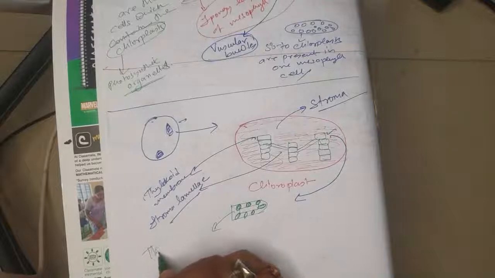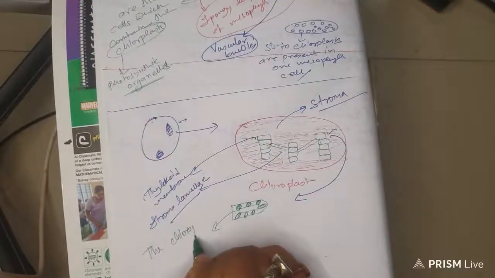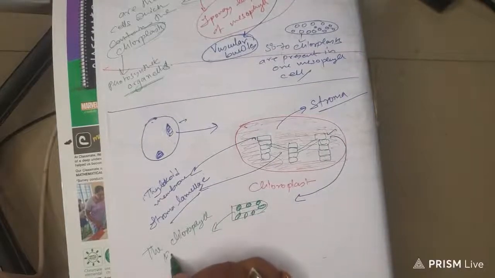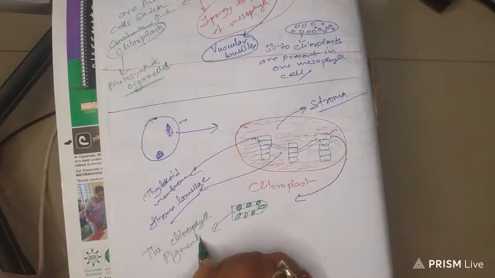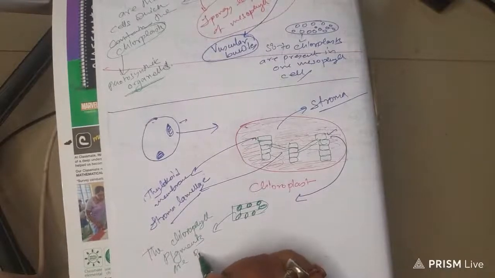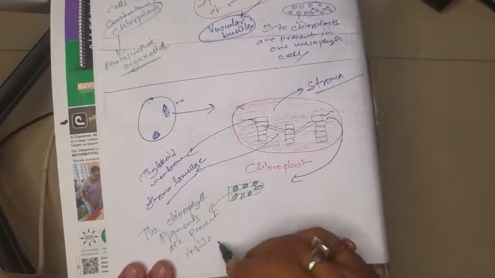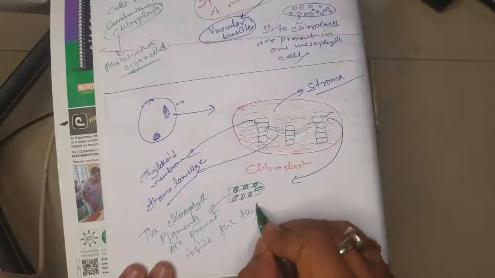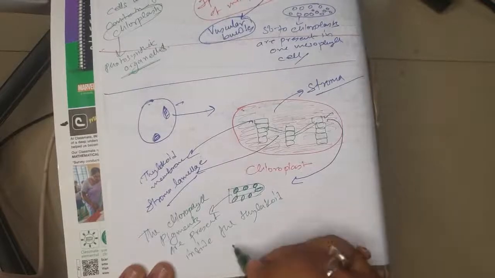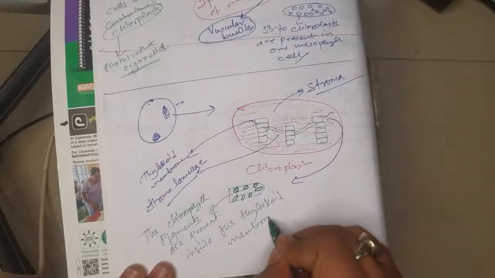The chlorophyll pigments, the structure that you have learned, are present inside the thylakoid membranes.